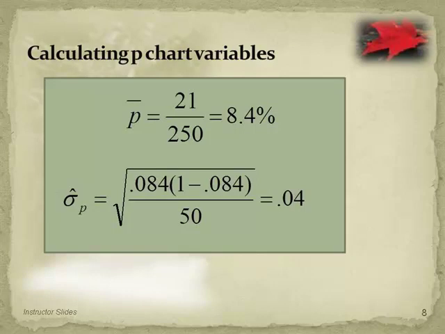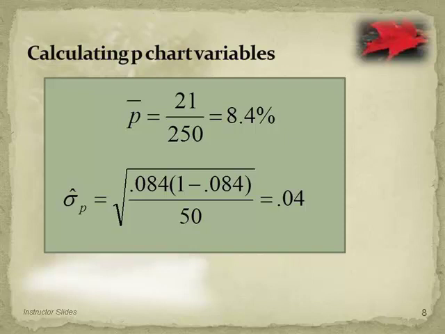So P bar is the ratio of the total defects divided by the total observations. If I add up all the defective steaks for the entire week, I get 21.